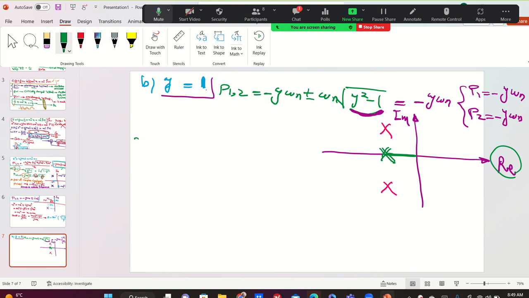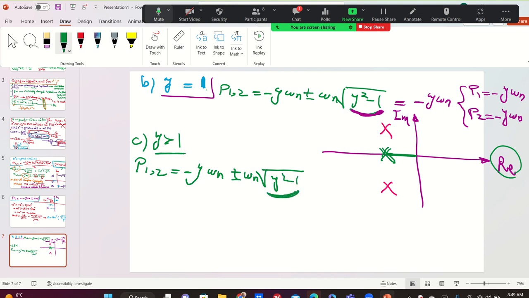Now let me go to the third case. Your system is overdamped. It means that you have excessive damping. So the two poles of the system are minus zeta omega n plus or minus omega n square root of zeta squared minus 1. So is this positive or negative if zeta is greater than 1? Positive.